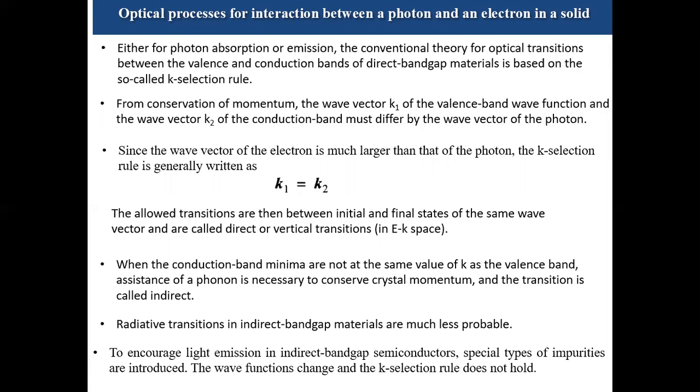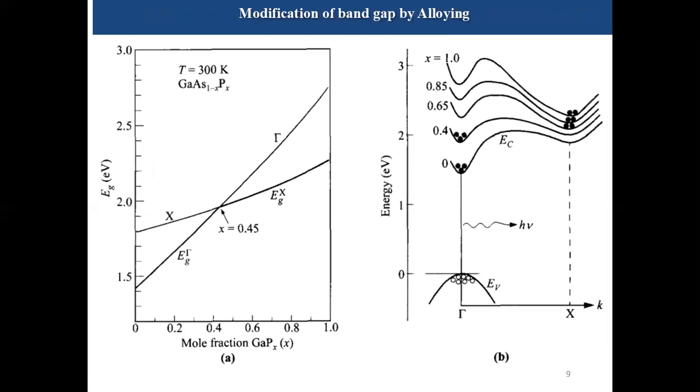To encourage light emission in indirect bandgap semiconductors, special types of impurities are introduced. The wave function changes and the k selection rule does not hold. The modification of bandgap can be done by alloying. That is why we have materials like gallium arsenide phosphide. So they take care of the theories that we discussed in the last slide.